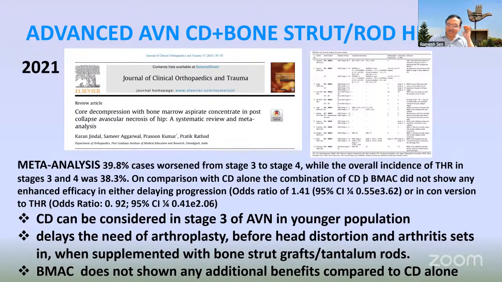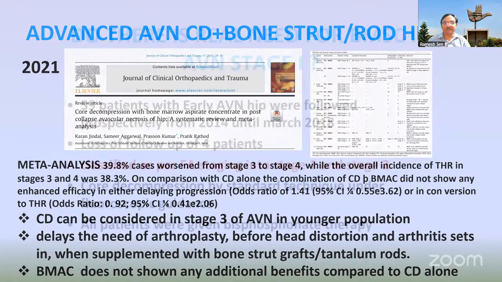Yes. It has been seen that in stage 3, if we are doing it, BMAC does not help. So if the lesion is advanced, BMAC may not help, and this is again from a paper in PGI only, where they found that in advanced lesions, core decompression can be done, but BMAC does not help at that stage.